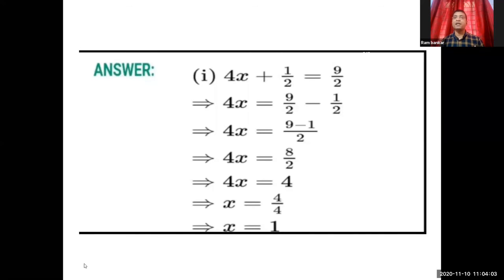The sign is not written, but if we consider it, a multiplication sign is there. 4 into x. So the multiplication becomes division on the right hand side. Okay. So x is equal to 4 upon 4. Okay. So the answer is 4 ones are 4. x is equal to 1.